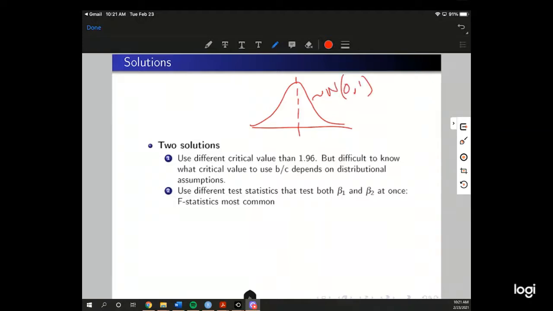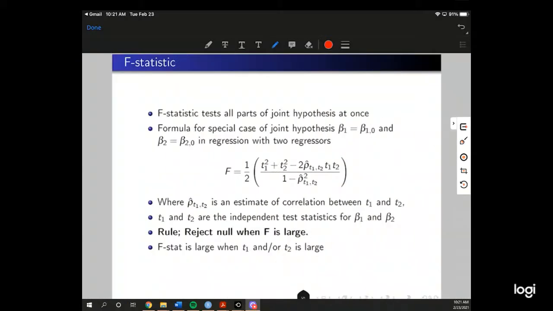But we don't know what the joint distribution of the two coefficients is. And so we need some alternative methods for doing this. So we use different test statistics that test both beta 1 and beta 2 at once. The F statistic is the most common. So let's look at that.